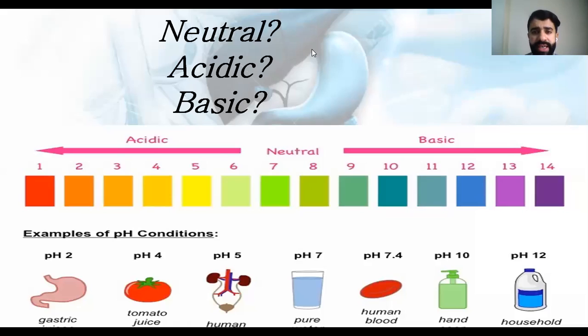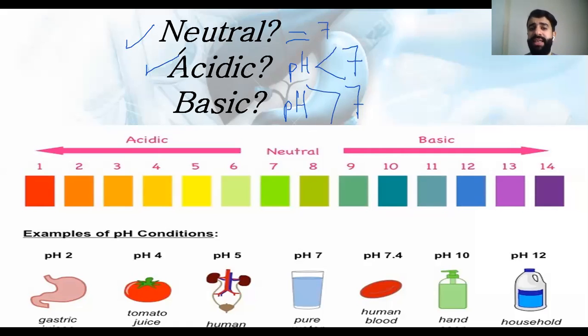While in the case of acidic, the pH is less than 7, and in the case of basic, the pH is greater than 7. So we have three different chemical mediums: neutral, pH approximately equal to 7; acidic, pH less than 7; basic, pH greater than 7.